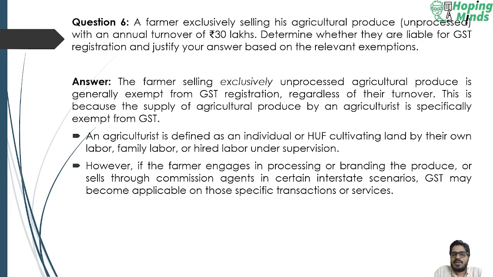So an agriculturist is defined as an individual or HUF cultivating land by their own labor, family labor or hired labor under the supervision. However, if the farmer engages in processing or branding the produce or sells through commission agents in certain interstate scenarios, GST may become applicable on those specific transactions or services.